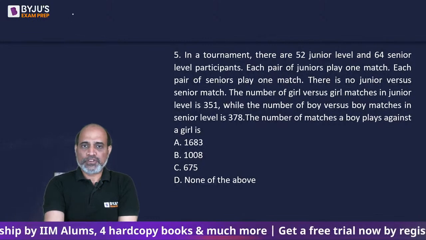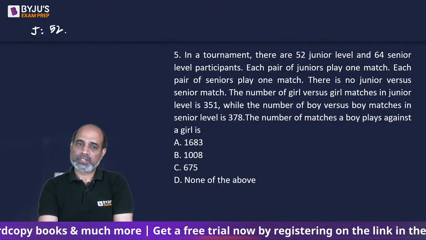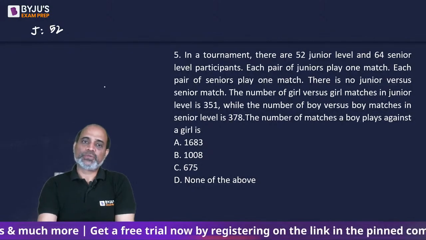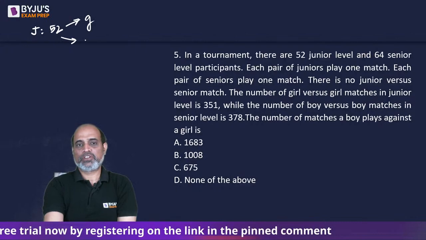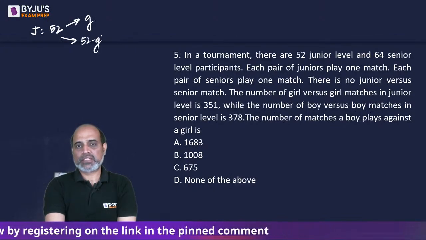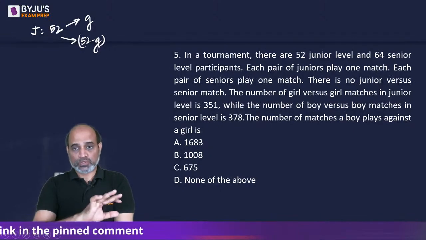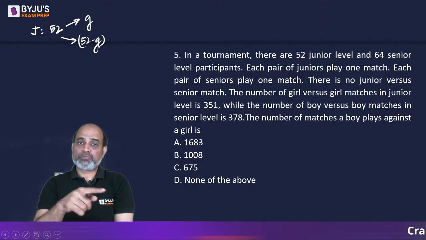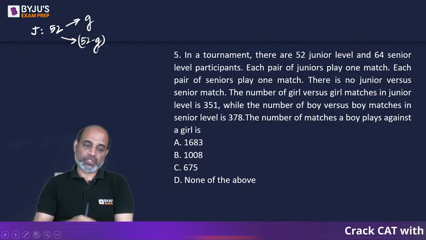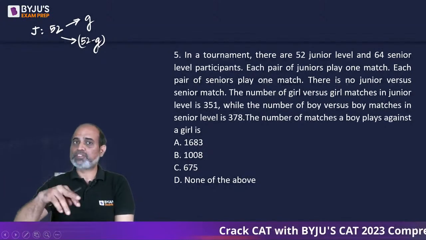So we have 52 at junior level, right? Out of these 52, suppose there are a certain number of girls here. So the number of boys we will have will be 52 minus Z. Now, the total number of matches that will happen between these 52 is, the first one will play among 51, the second one will play among 51.